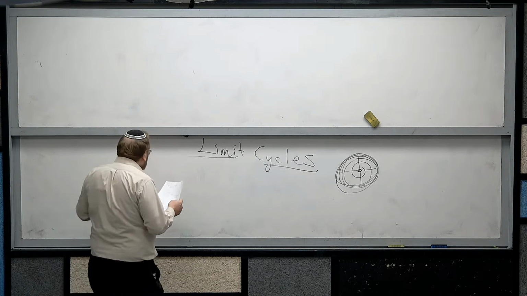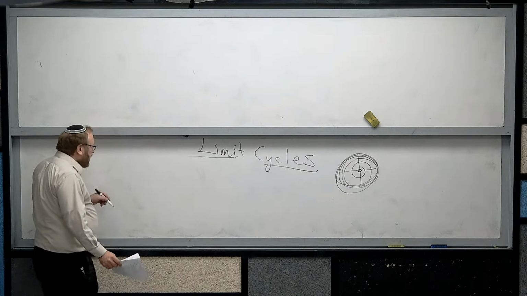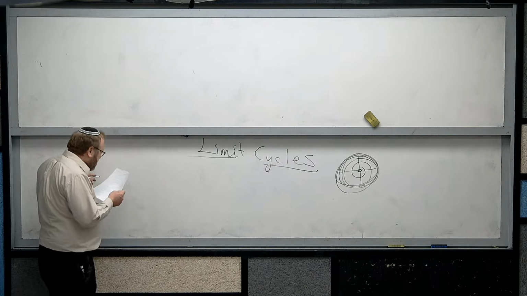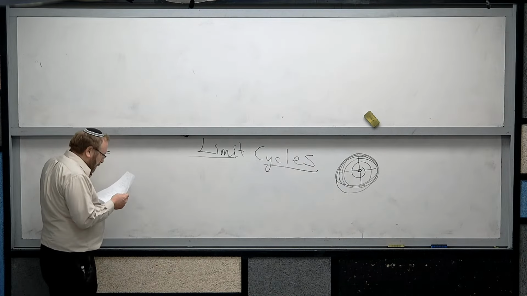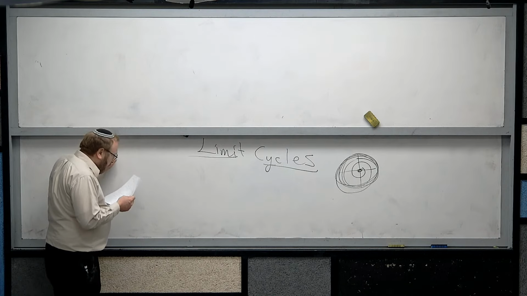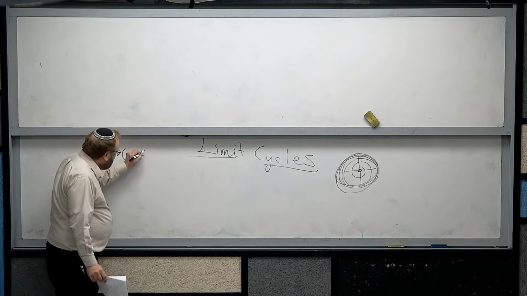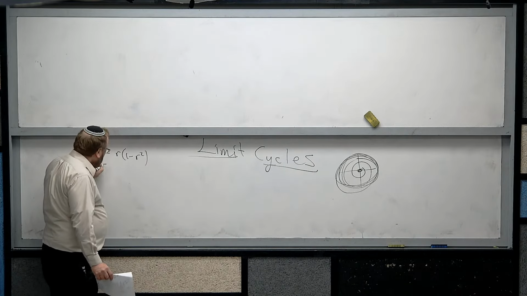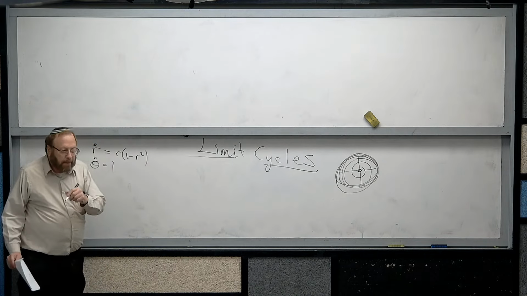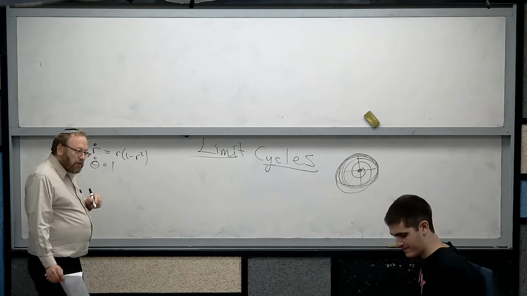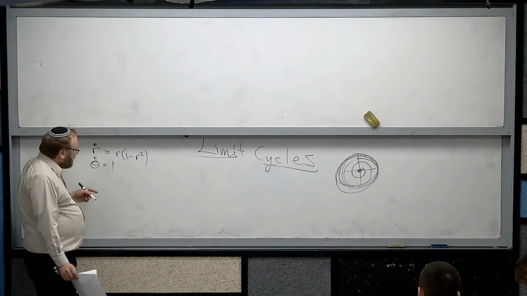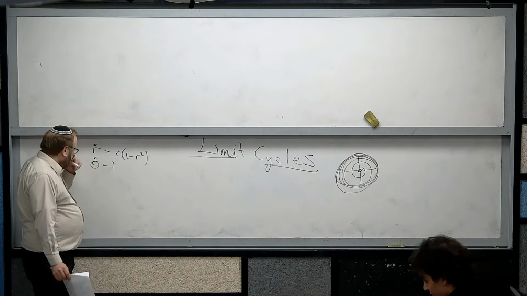So the simplest possible example of a limit cycle is the following very complicated equations, which we're going to write in polar coordinates. R dot equals R times (1 minus R squared), and theta dot equals 1. All right? So now there's no fixed point of this motion except the point R equals 0.